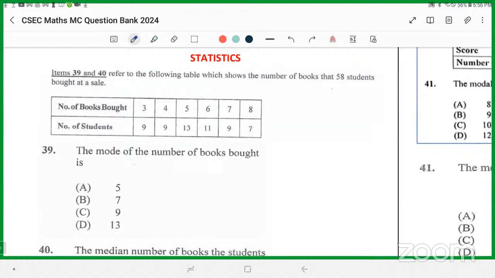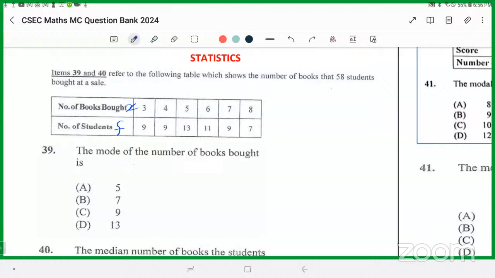So a lot of the time when doing this question, you need to know what is the score and what is the frequency. So this is the frequency. These are your scores. Your score is what the mean, mode, median, and range are calculated from.